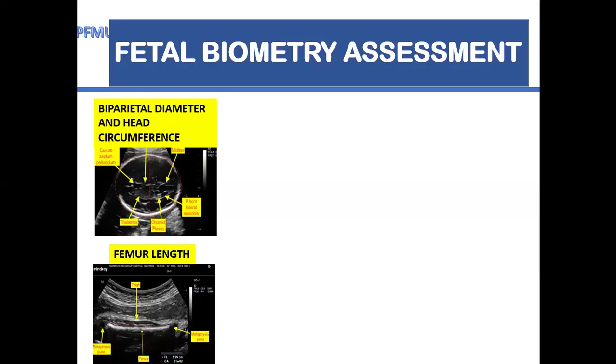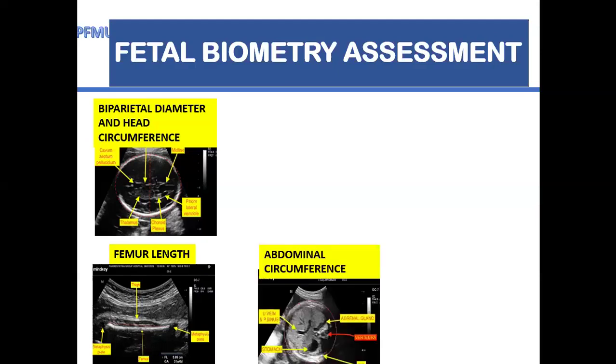The femur is one of the biometric markers we use in growth assessment. The abdominal circumference should be football shaped or round. Umbilical vein turning to become the portal vein.